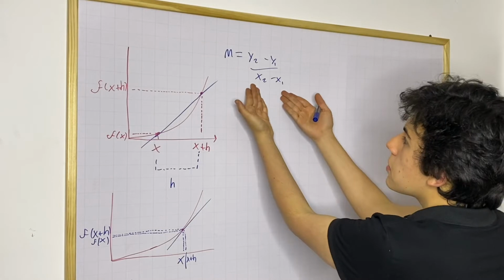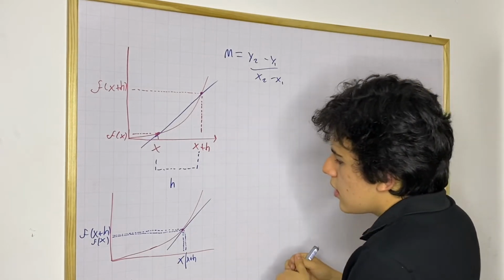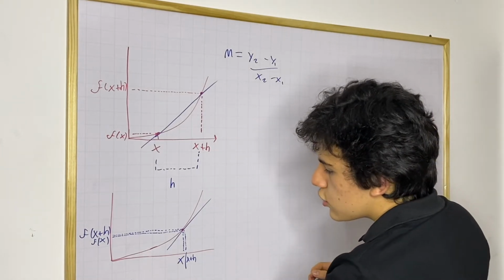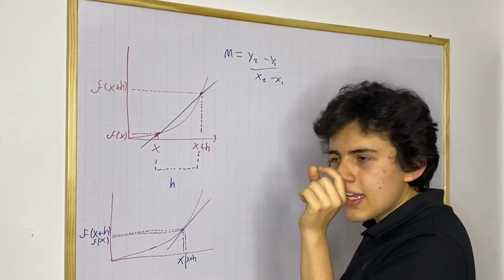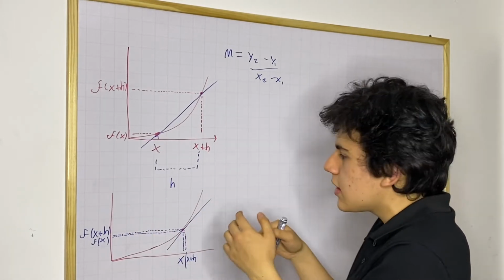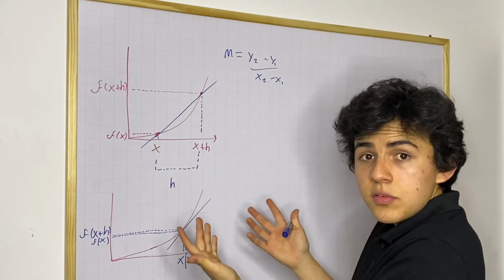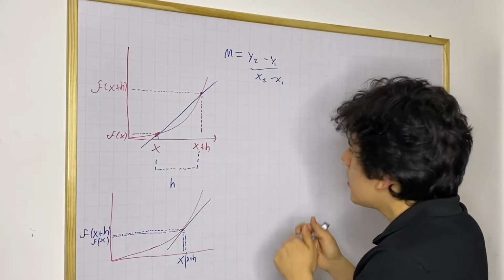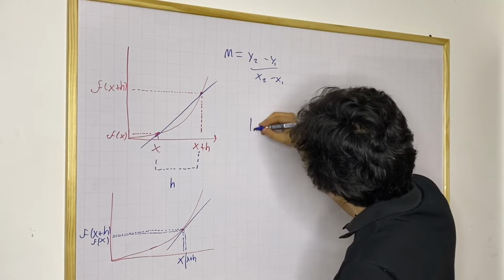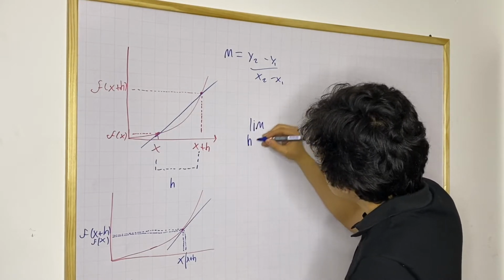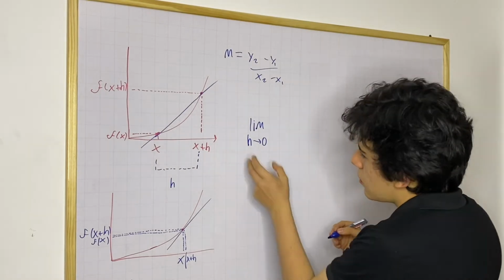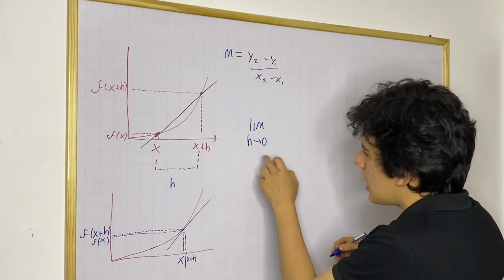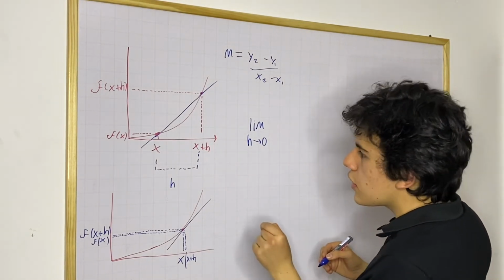Now we can simply plug those values into that equation, considering that we want to make the distance between those 2 points as small as possible. So as h, the distance between the 2 points, approaches 0, we say the limit as h approaches 0.